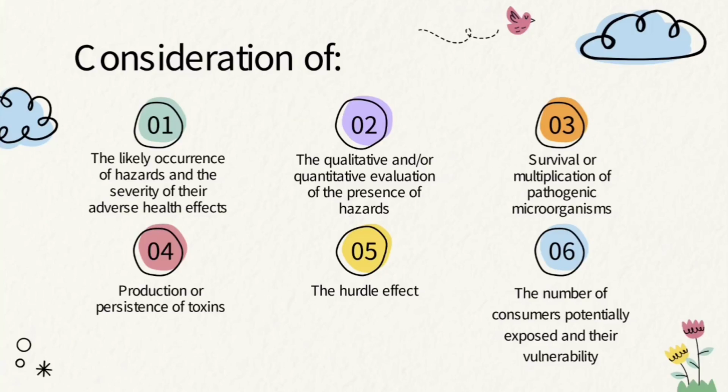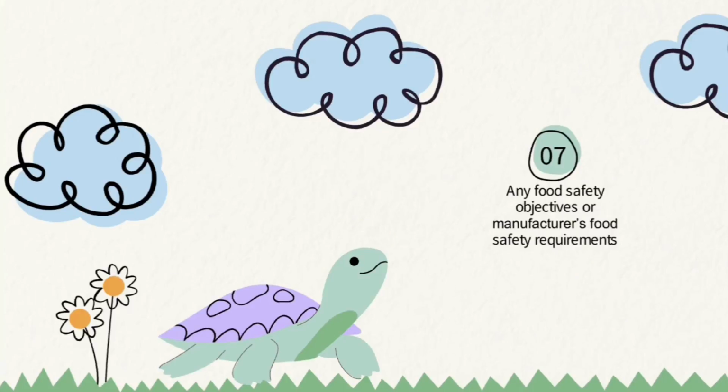Second, the qualitative and or quantitative evaluation of the presence of hazard. And then survival or multiplication of pathogenic microorganisms, production or persistence of toxin, the harmful effect, the number of consumers potentially exposed and their vulnerability, and lastly any food safety objective or manufacturer's food safety requirements.